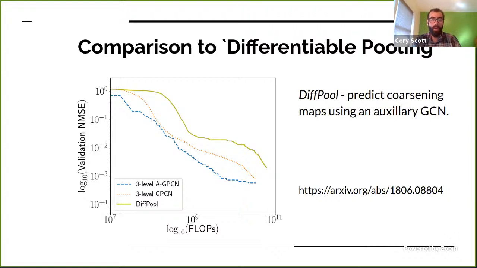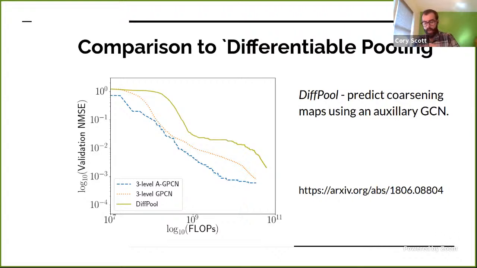And so when we compare our method to the differentiable pooling method, we still come out ahead, even though in theory the differentiable pooling method should be able to find the same reasonably good projection operators between scales that we start out with.